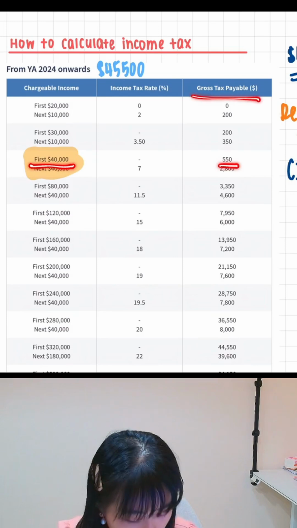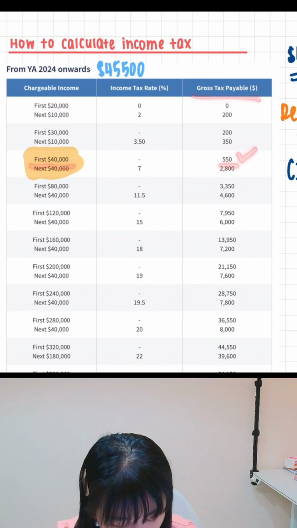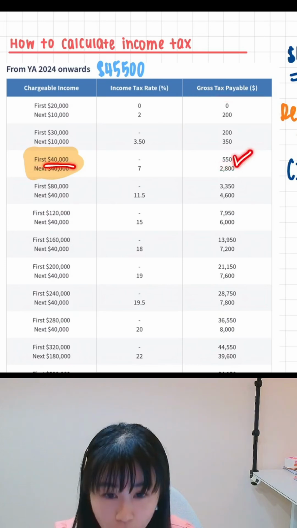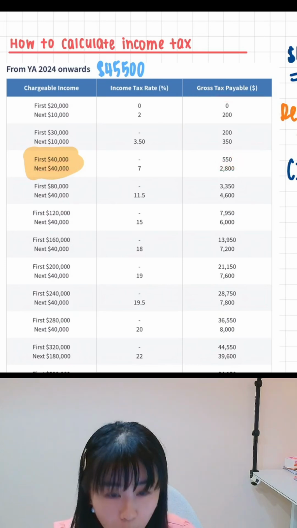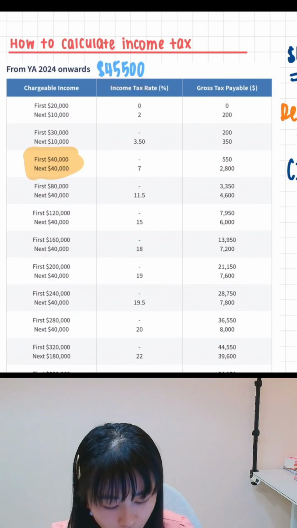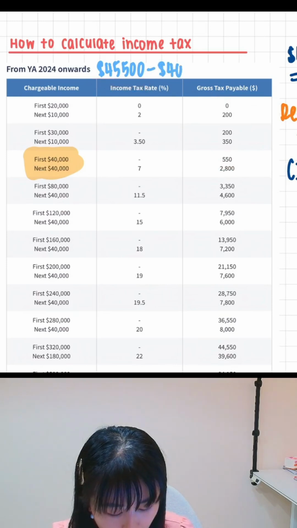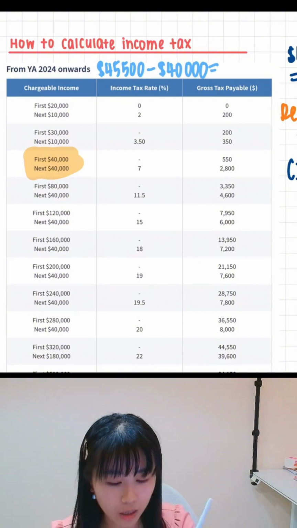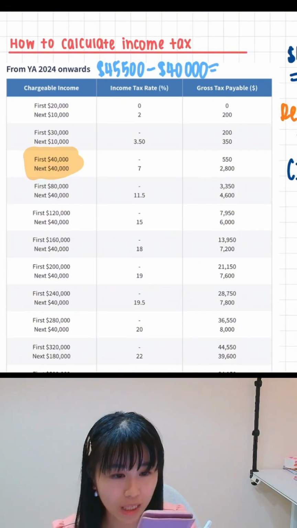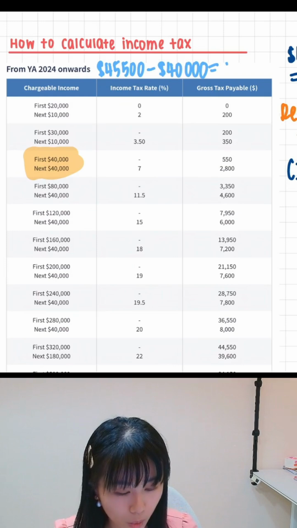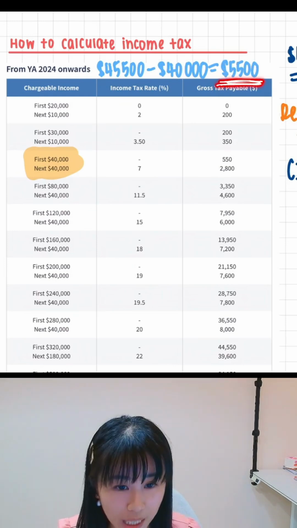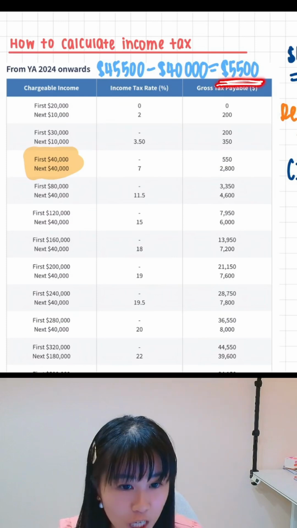Since this is already charged, you must clear away the 40,000 from your 45,500. So I take 45,500 minus 40,000, and I am left with $5,500 of chargeable income that hasn't been taxed yet.